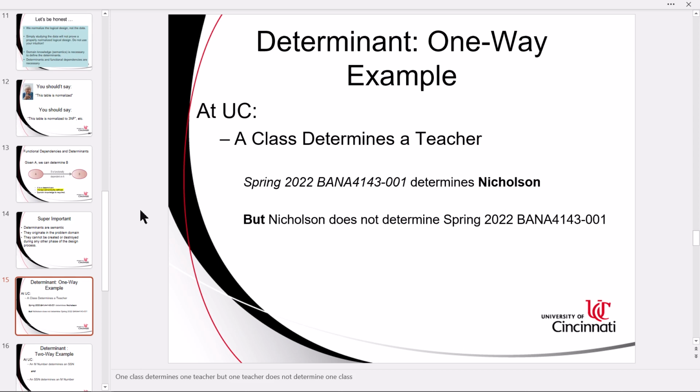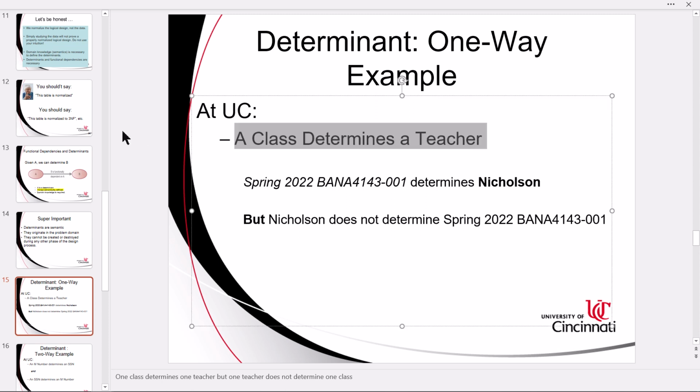There's an example from the problem domain. We are told that at UC, a class determines a teacher. We met with the customer and they taught us that. We don't disagree with it or agree with it, we just accept it.